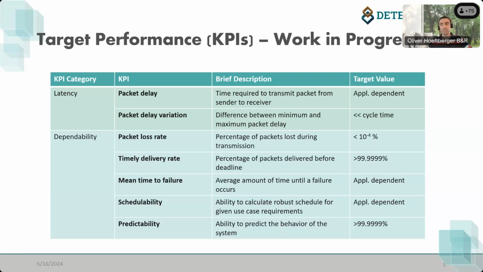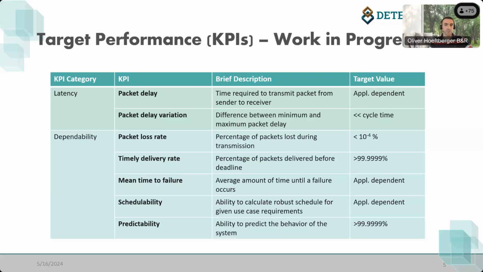So actually we could define different service levels, and each application could then be optimized to the achievable service level that the system can provide in the current situation.